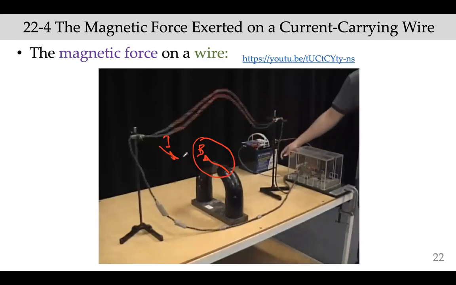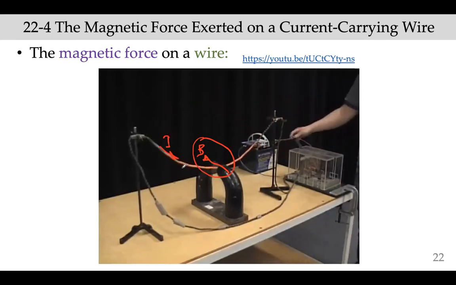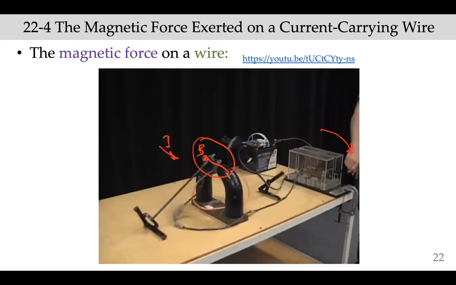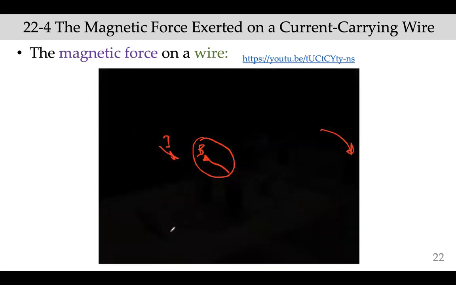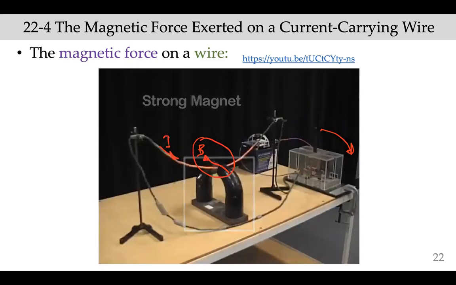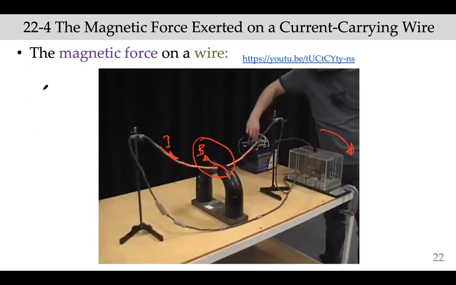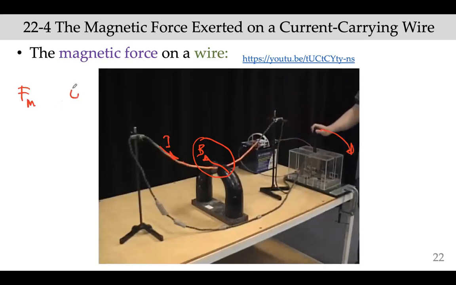As you can see, if the current is in one direction, it goes up. If the current is in the other direction, which happens when you push the switch in this direction, the force is now down.